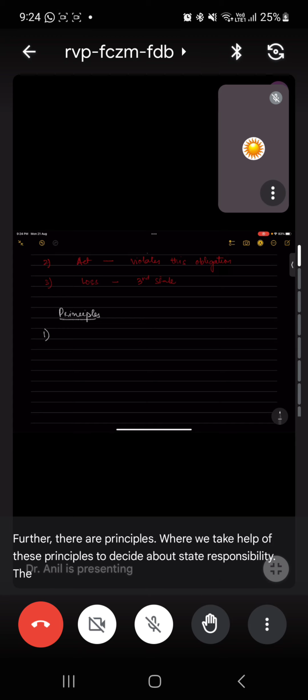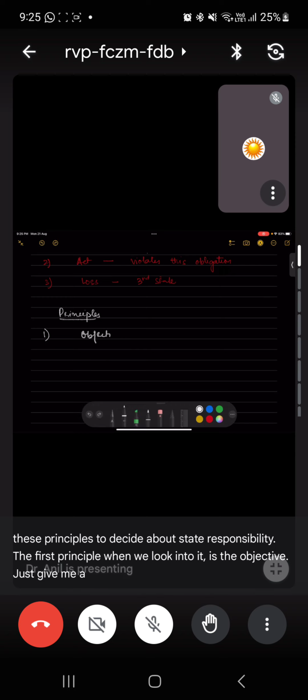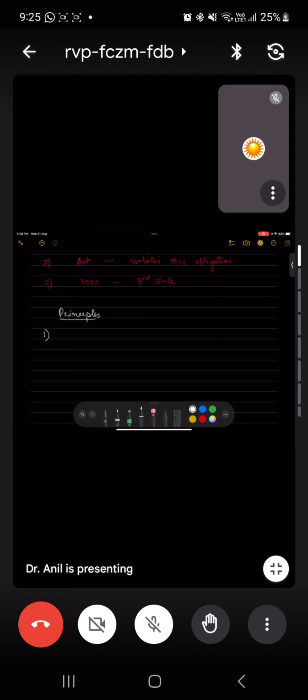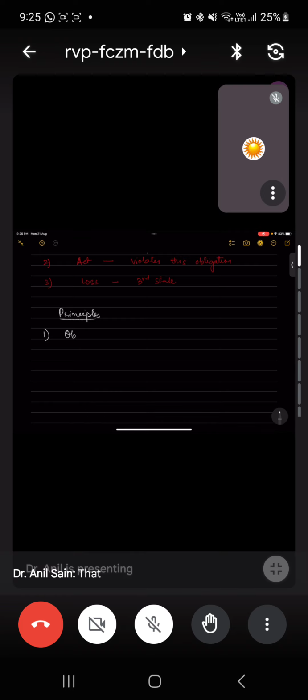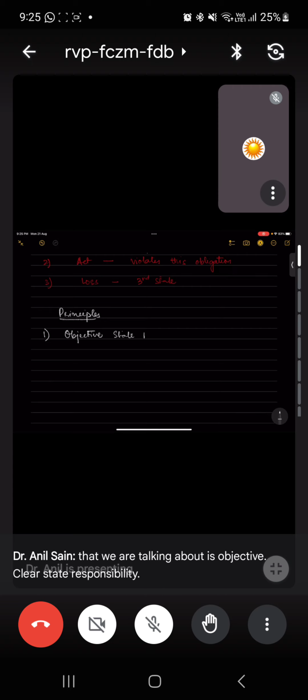The first principle is objective state responsibility.